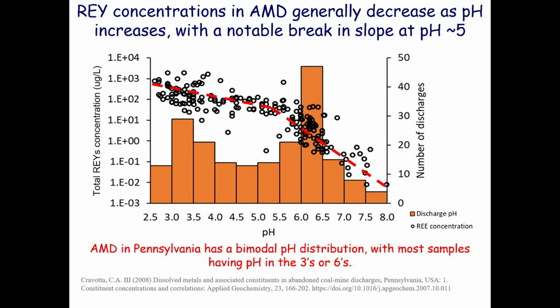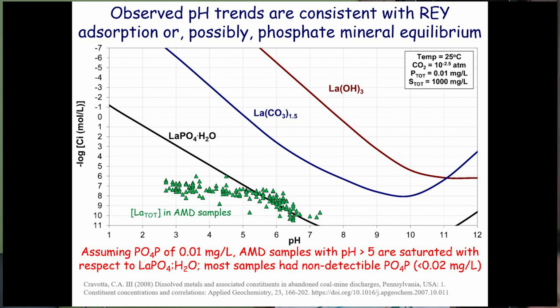Is there something going on that can explain why the rare earth elements are less abundant instead of just this linear trend? And that's what, again, I'll get into with the modeling. So one way this change in slope might be explained is due to adsorption, and another is possibly due to the precipitation of a phase such as a phosphate mineral.